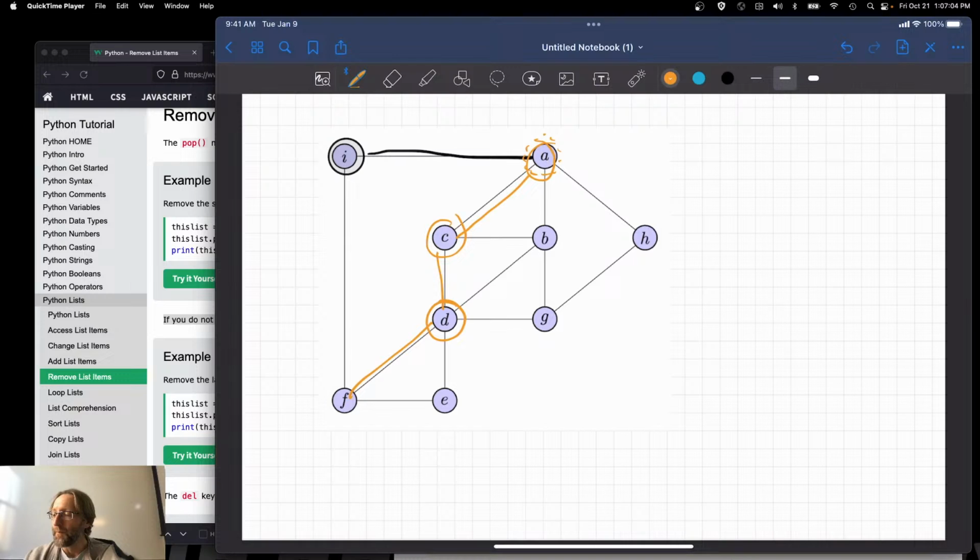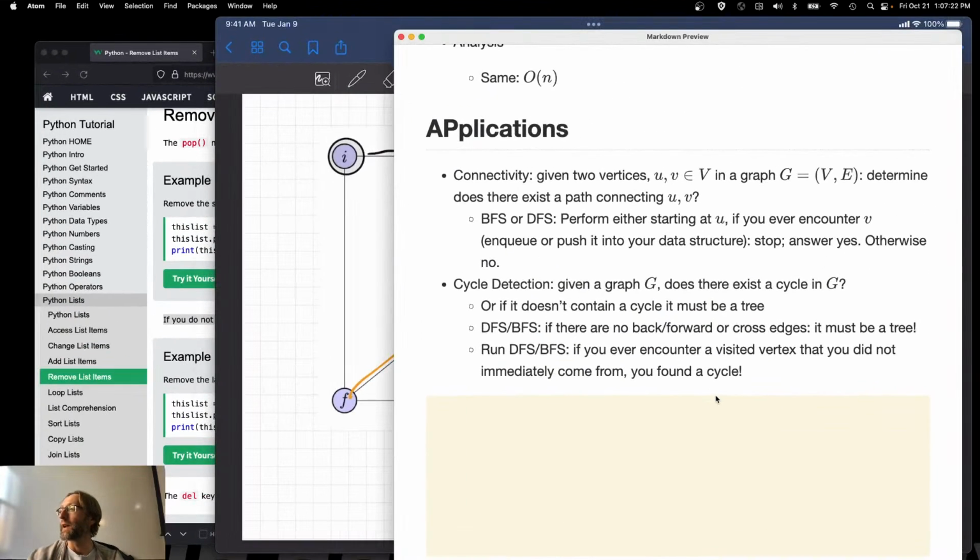Now I see that gray vertex, but I didn't immediately come from it. There's a cycle. So if you see a black or gray vertex in your neighborhood that you did not immediately come from, that's immediately grounds for saying yes, you found a cycle.